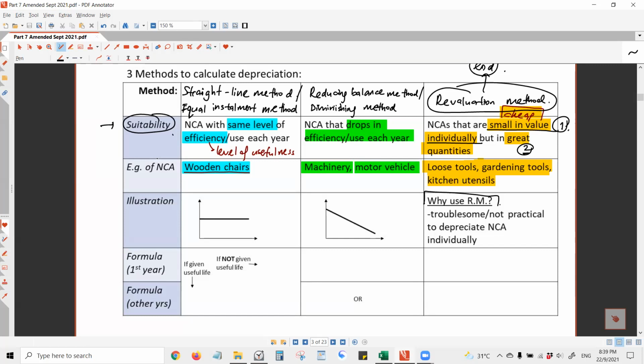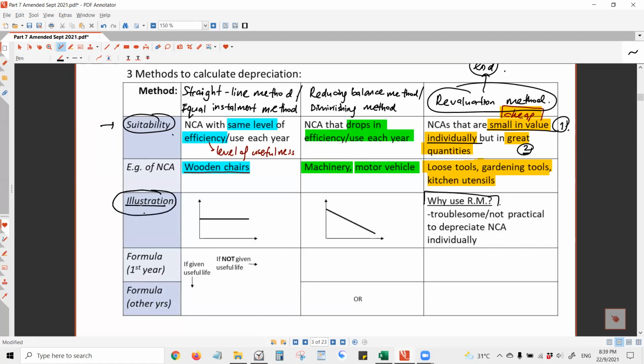And don't worry, in the exam, most likely they will not ask you to choose which method to use. But in certain questions you will see, very seldom, they will ask you which method you should use. Don't worry.